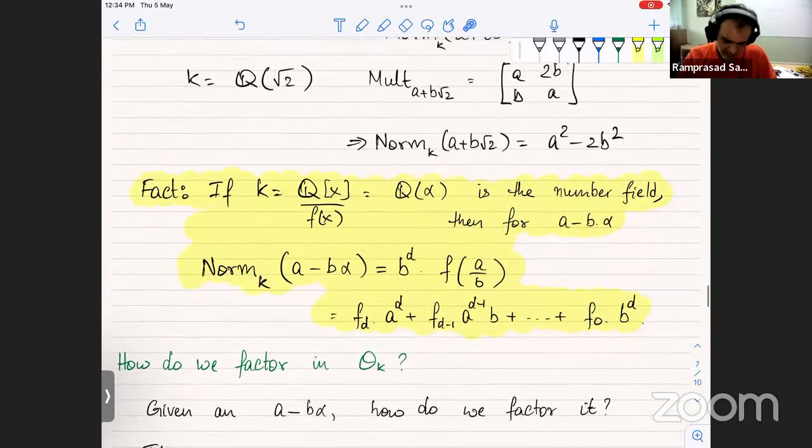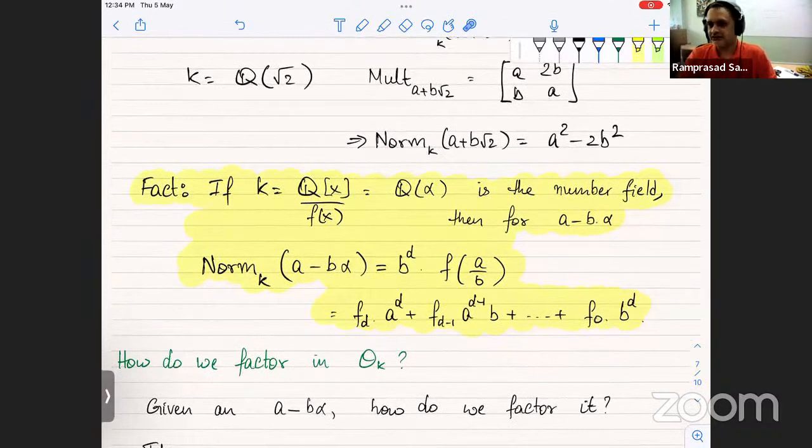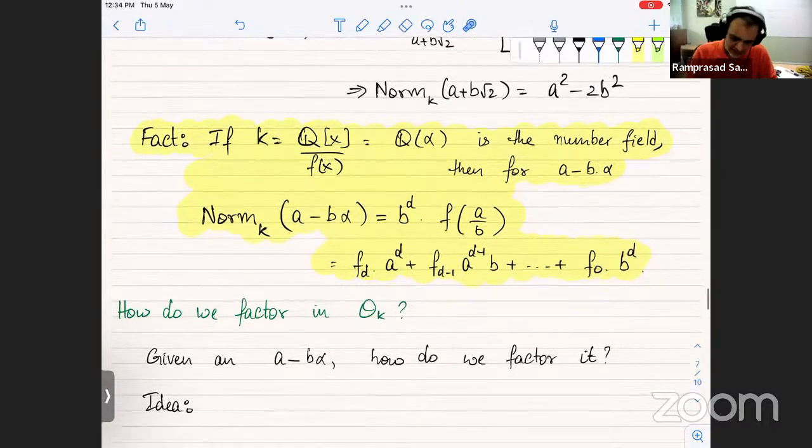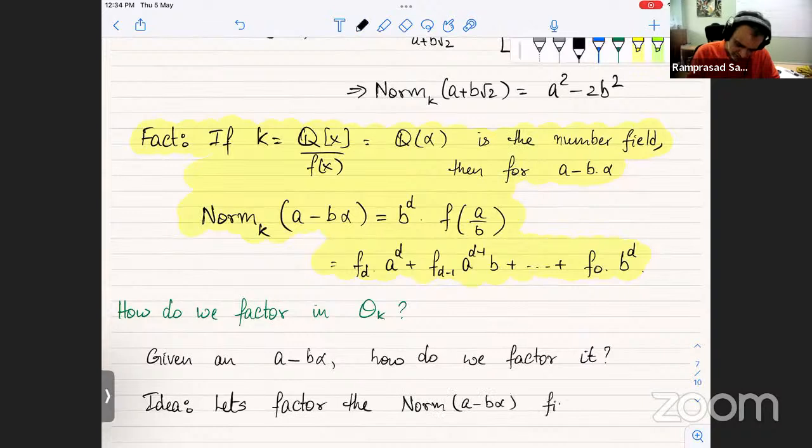Okay, finally, how do we factor in this number field? Here is a really cool idea: let's factor the norm of A minus B alpha first.